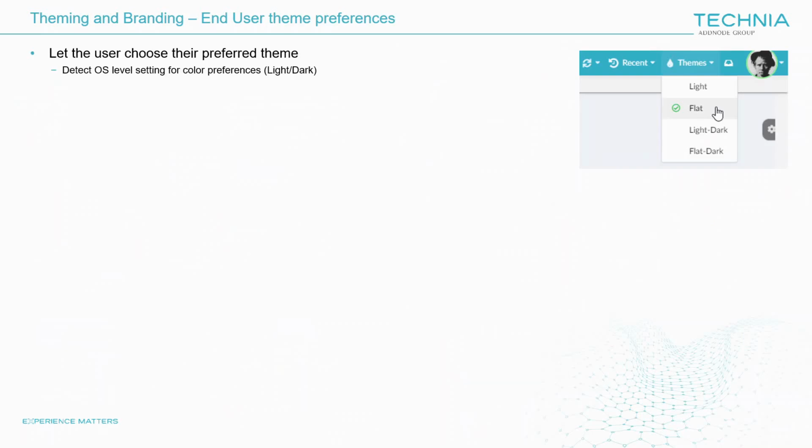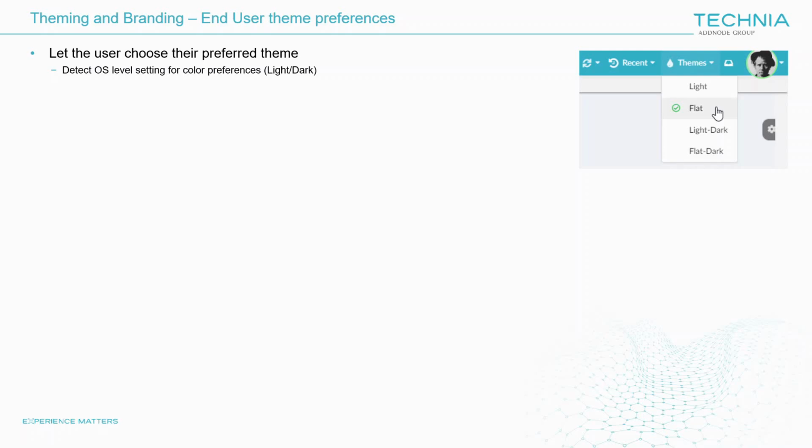So then one word about where the actual power lies. So as the IT department that provides the PLM system to your users, you can set a theme which should be the default theme, but then you can also consider to let the user have the final word in that.